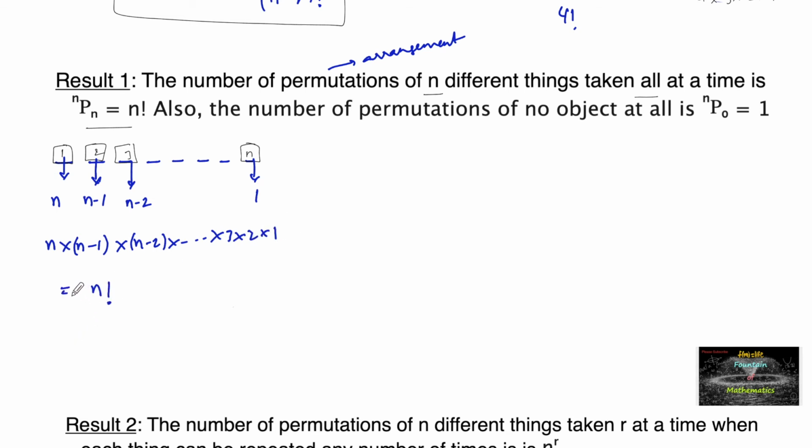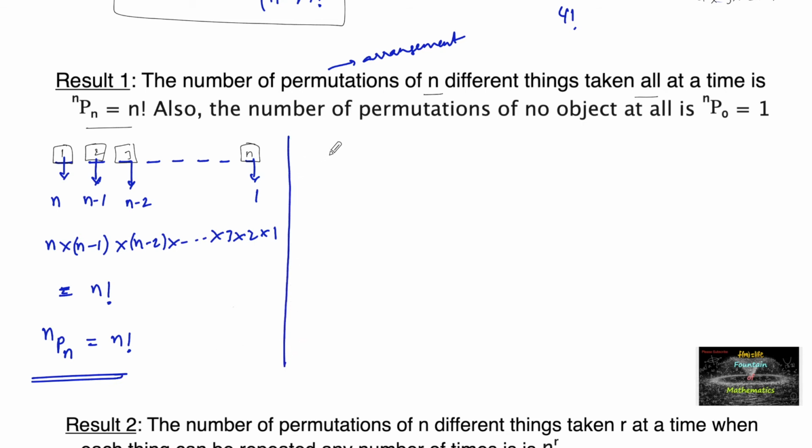It's a product of first n natural numbers, n factorial. So we can write here nPn means number of permutations of n different objects taken all at a time, all means n at a time, which is equal to n factorial.